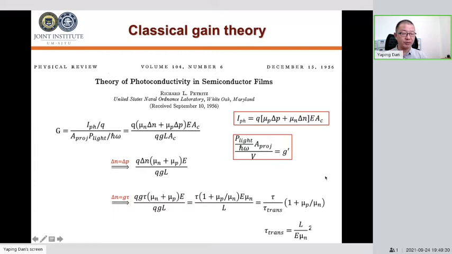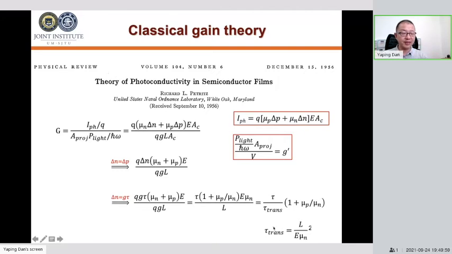We can further simplify this equation by using a transit time. This transit time is equal to L, the length of the device, divided by E times mu n. The electric field times mu n is equal to the speed, which is what we defined before. So with a higher electric field, the charge carriers will transport at a higher speed.